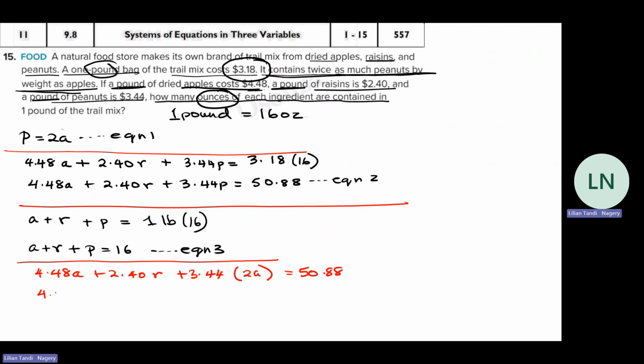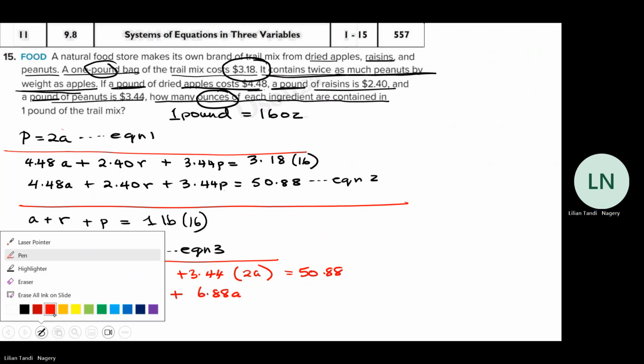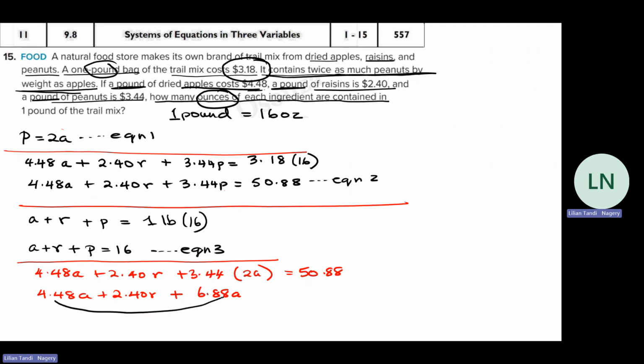So this will be 4.48A plus 2.40R plus 6.88A. These two are friends. If I add them, I should get 11.36A plus 2.40R equals 50.88.